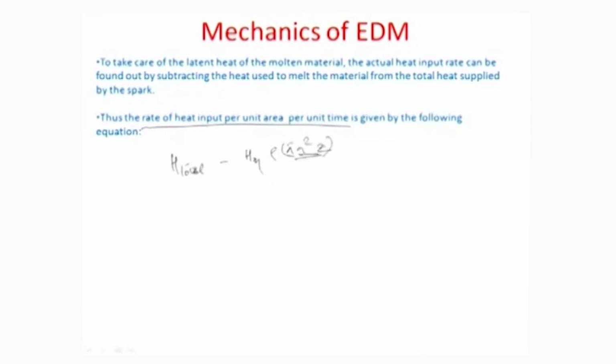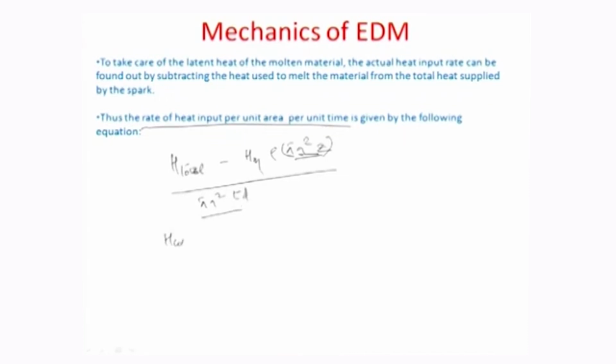We assume this volume to be cylindrical for our estimation, times pi a square z, divided by, of course, because it is a heat flux per unit area per unit time, pi a square Td.